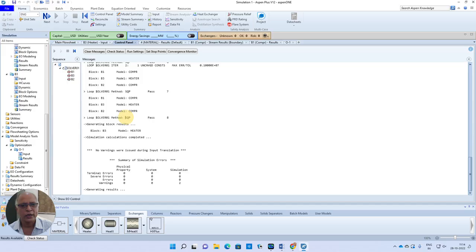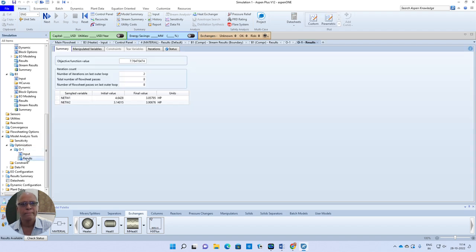So as you can see, the simulator by default will be using this algorithm, sequential quadratic programming. It took about 8 iterations before we could get to the required solution. These are the initial values, the network required when we started with the initial run. Now the amount of work required, the objective function, is 7.76.